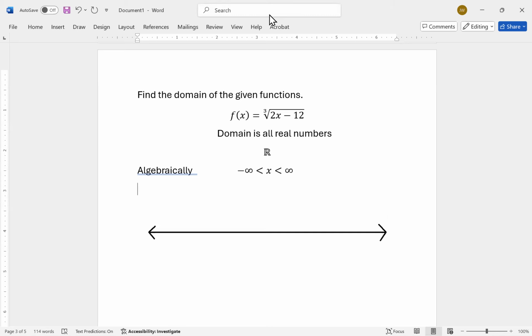On a number line, that's what I have right here, this number line. The way we would do that is we draw some sort of arrow, and we'd make sure that our arrow goes both ways. It goes across the entirety of the number line. Some people would shade this in a real thick manner.